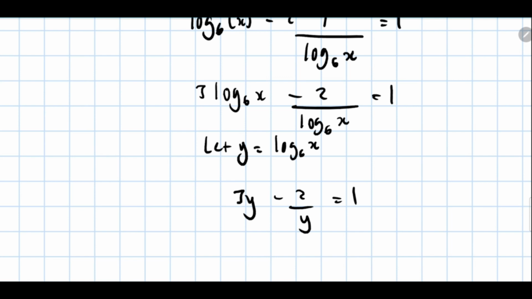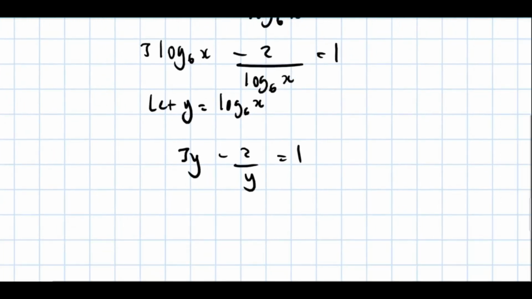Now to make it a polynomial, I have to multiply both sides by y, with the condition that y cannot be 0. If y is 0, then obviously it's undefined, since y is in the denominator. Hopefully you remember why we are doing this.